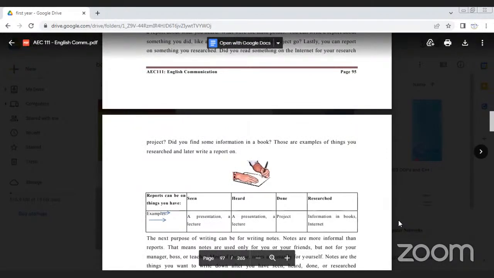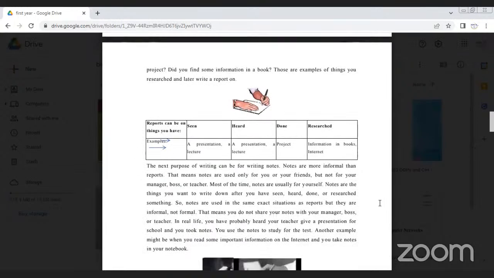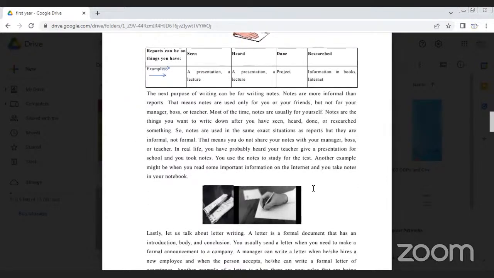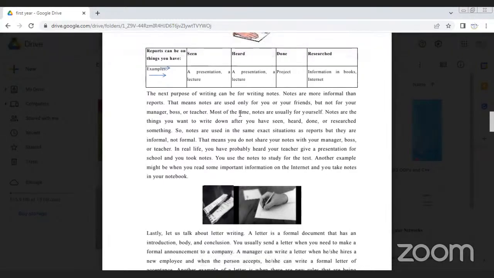Those are examples of things you research and later write a report on. Reports can be on things you have seen, like a presentation or lecture; heard; done, like a project; or researched in books or on the internet.